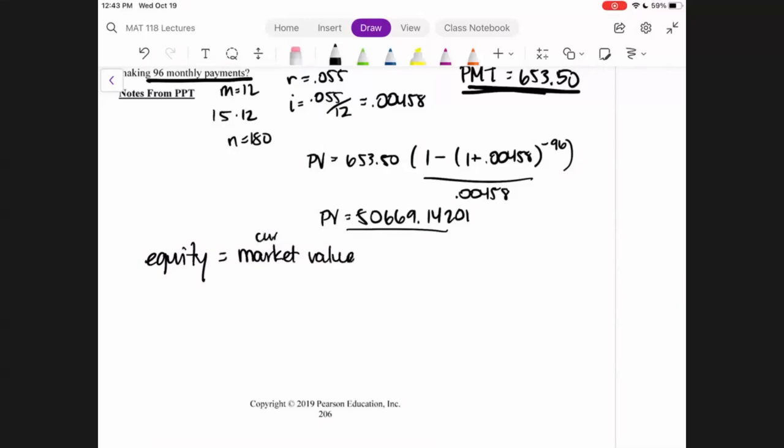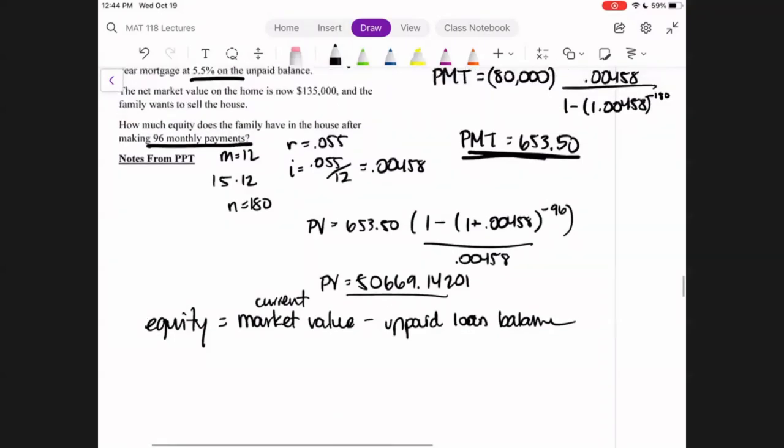This is the current market value minus the unpaid loan balance. So in this sort of problem, the current market value, it says it's this.